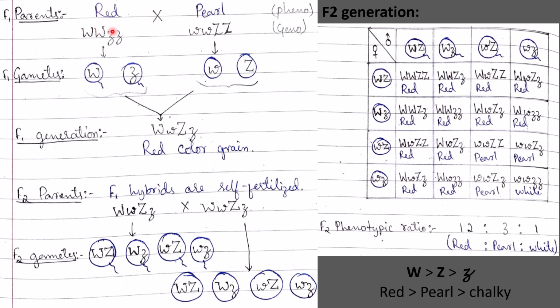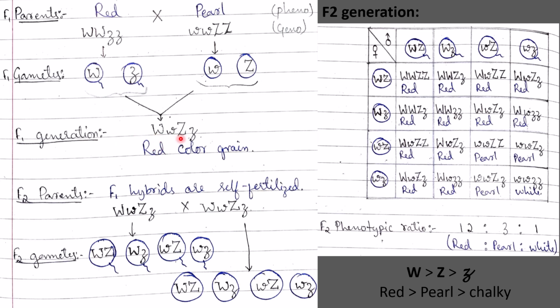And while coming to red, obviously any one of the W alleles should be dominant. So I can take both of them dominant and these two recessive because this is already there here. And in F1 gamete formation, one of them goes to one gamete and it goes like that. Gamete formation happens, and when they combine, F1 generation hybrids are produced with double heterozygous grain color genotype here.